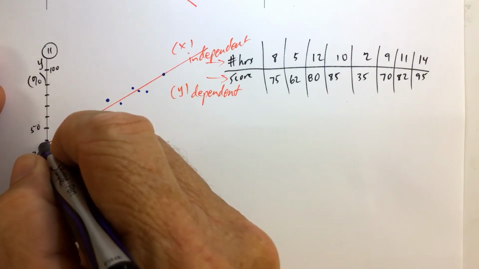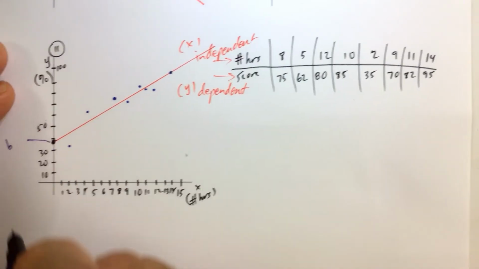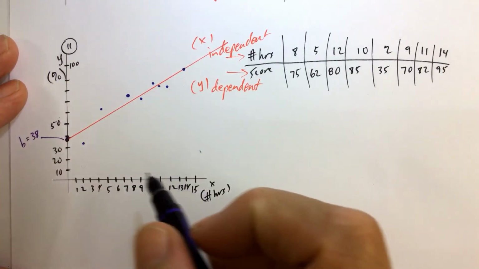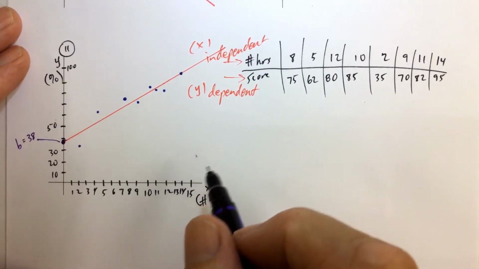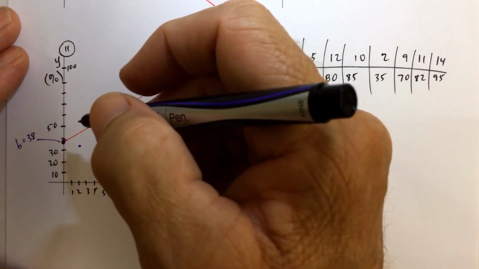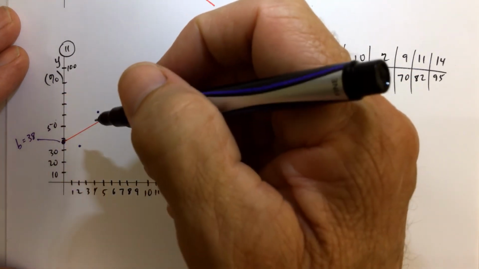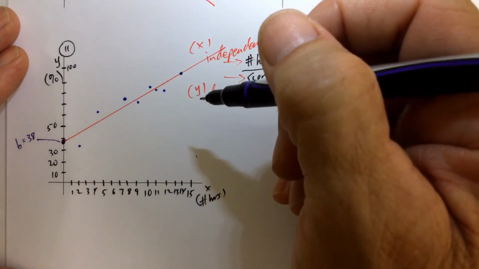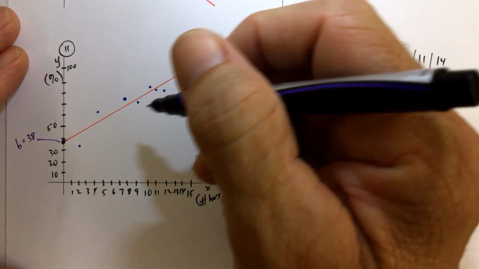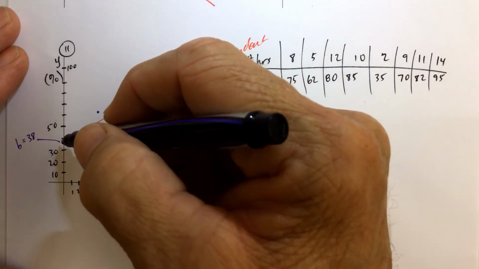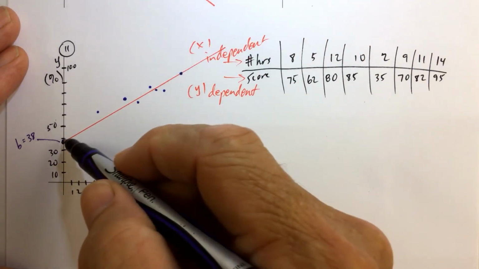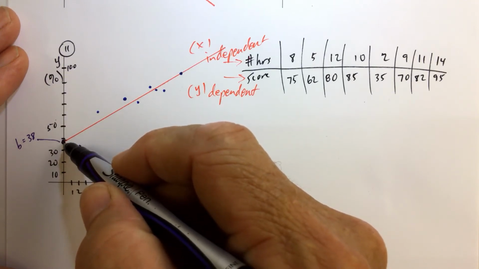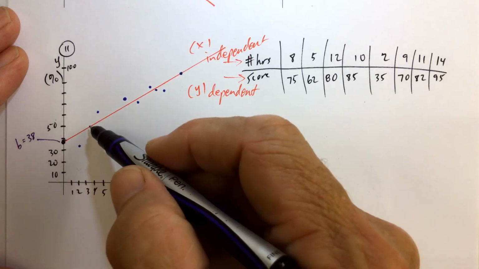So we're going to call the y-intercept 38. From there, we just need to come up with a slope. Slope is rise over run. There's no great way to do this, but all you have to do is decide on a point on the line. Let's use this y-intercept, and from that point we decide we're going to go up a certain number and over a certain number.